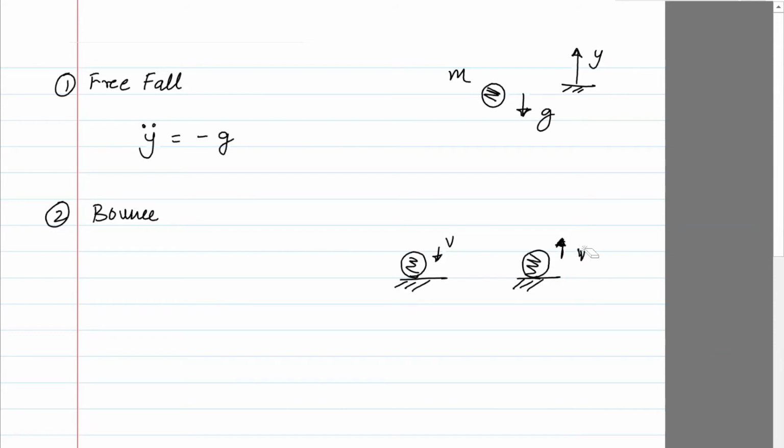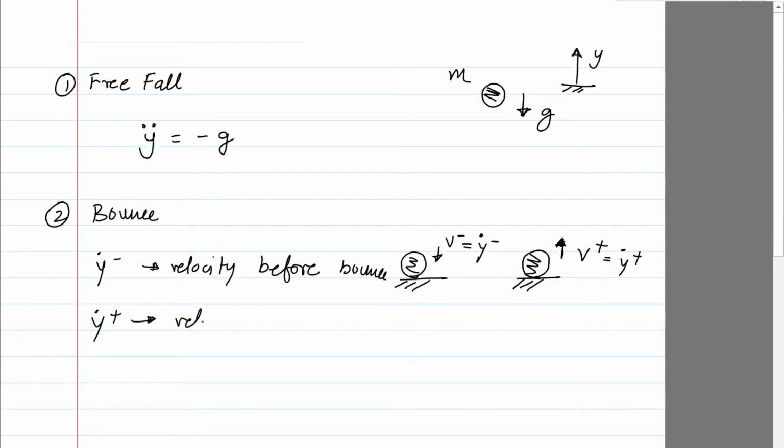Instead of calling it v and v, I'll call the velocity before bounce y dot negative and the velocity after bounce y dot positive.